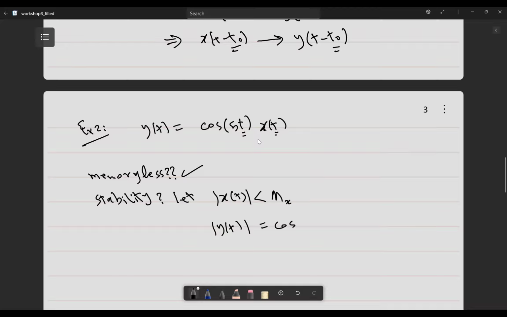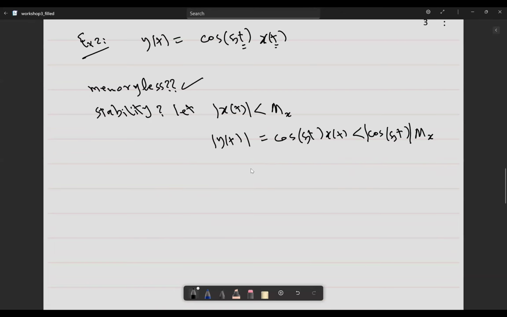yt equals cosine 5t xt, which is bounded by cosine 5t mx, and this should be also right. And then how can we bound this function?